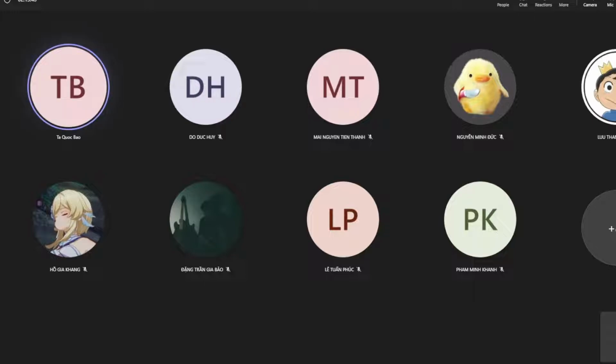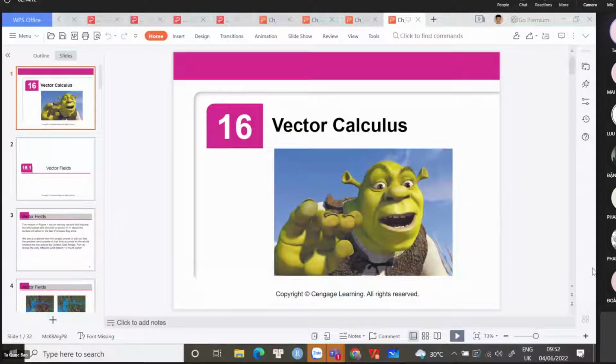So this chapter, I think, is more difficult than the last chapter. Therefore, you should be very careful. Okay. All right. So chapter 16, vector calculus.